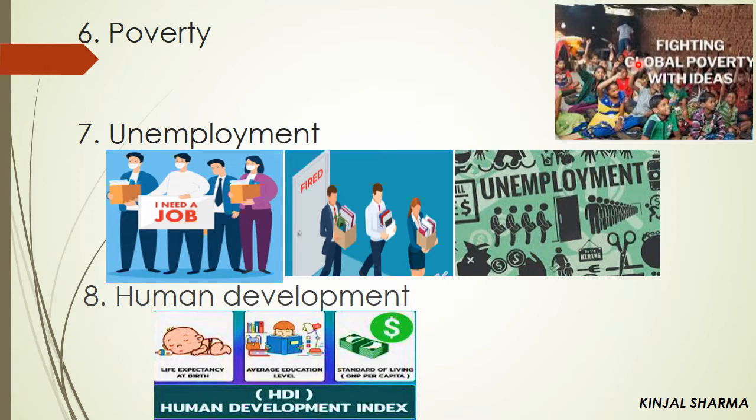In 1973-74, the percentage of population living below the poverty line was 54.9%, which decreased to 45.3% in 1993-94. And in 2011-12, it further decreased to 21.9%.